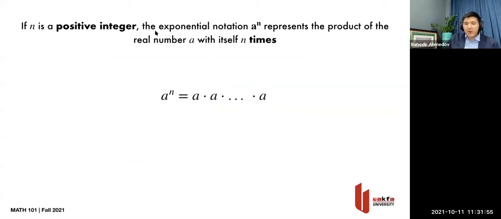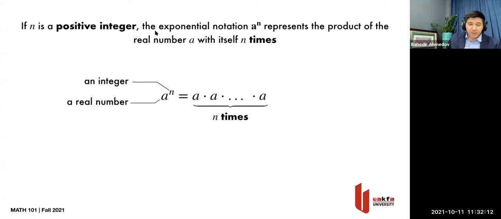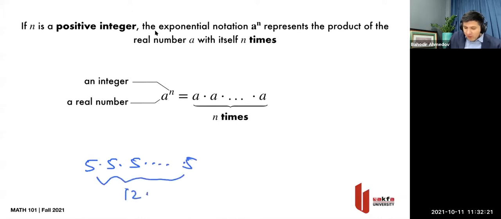So let's talk about exponential numbers. They are really important numbers, but at the same time, they are really easy to work with. I'll explain what it means in a moment. So if you've got a positive integer n, essentially, if you're multiplying 5 by itself 129 times, it takes a huge space and time to write 5 129 times, right?